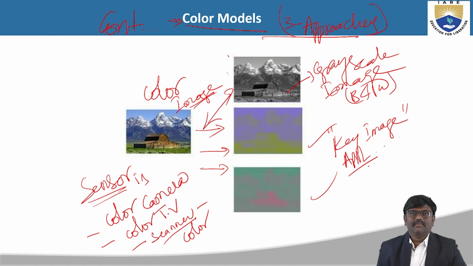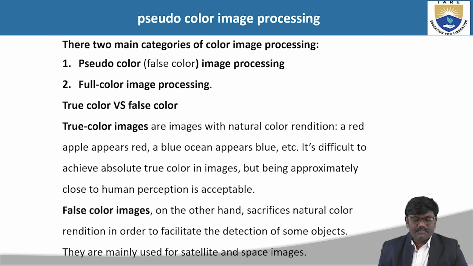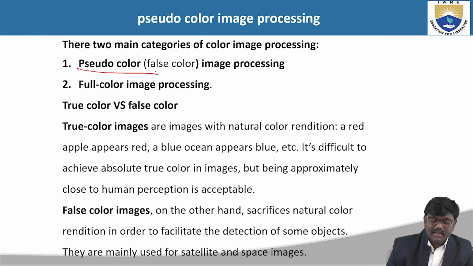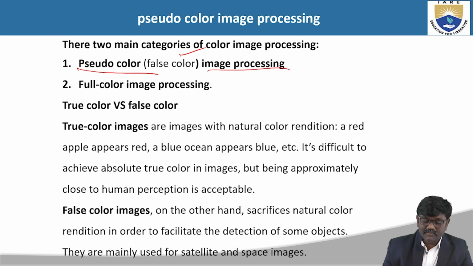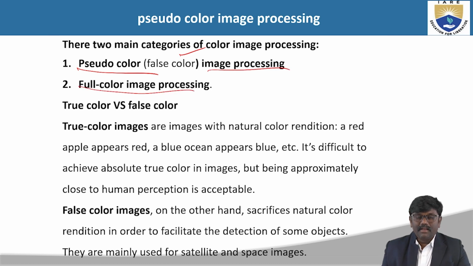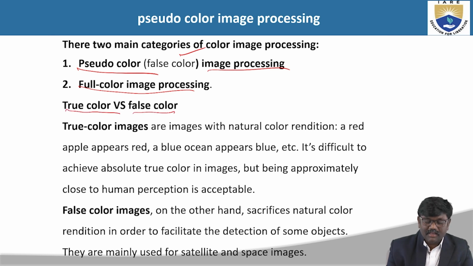Next, pseudo color image processing continues with the help of two major categories of color image processing: pseudo color, that is false color image processing, and the second one, full color image processing. So we are going to check true color versus false color together.